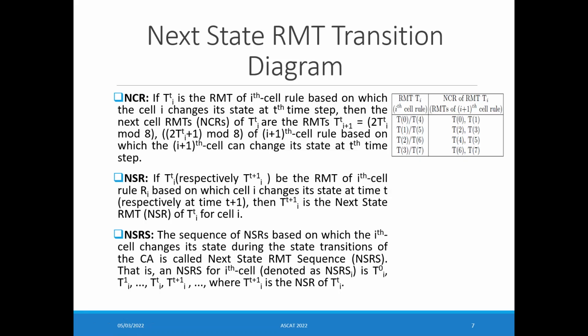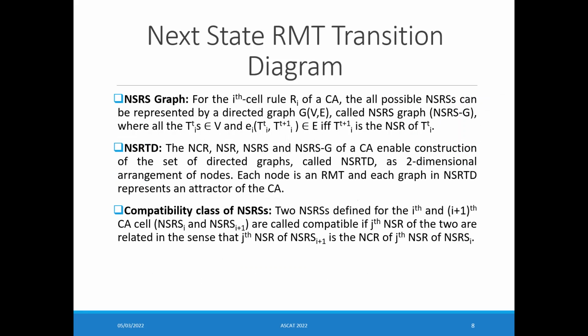A sequence of NSR based on which the ith cell changes state is known as the next state RMT sequence. For the ith cell of rule Ri, all possible NSRS can be represented by a directed graph. It is known as the NSRS graph.